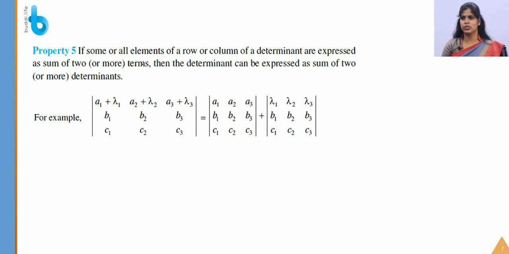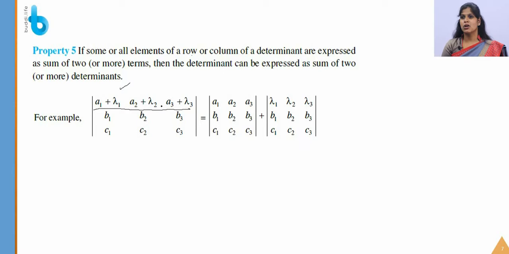See here, suppose there is a determinant like this. If some or all the elements of a row of a determinant are expressed as sum of 2 or more terms.